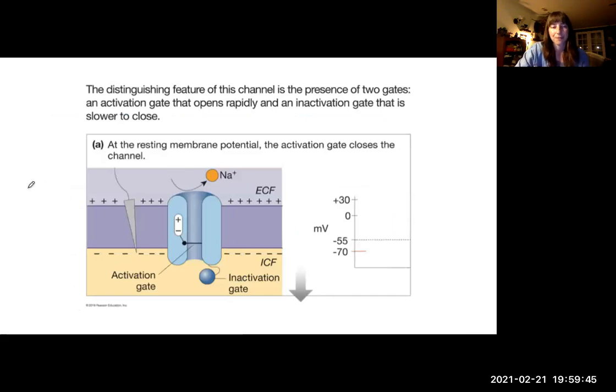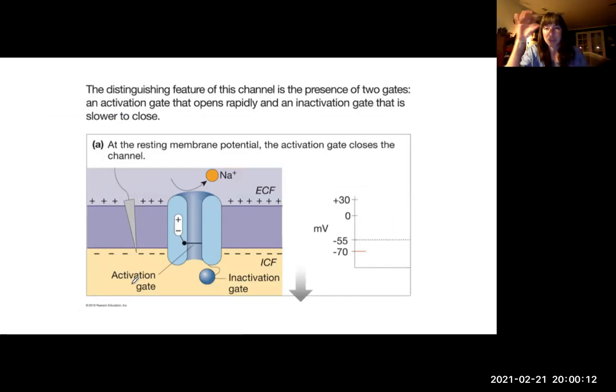Step by step now. You've got sodium channels and potassium channels. These are more like leakage channels that are not active transport. There's more passive transport, right? So all you really need once you reach threshold at the trigger zone is for that voltage to reach these voltage gated channels, and they just swing open for sodium.